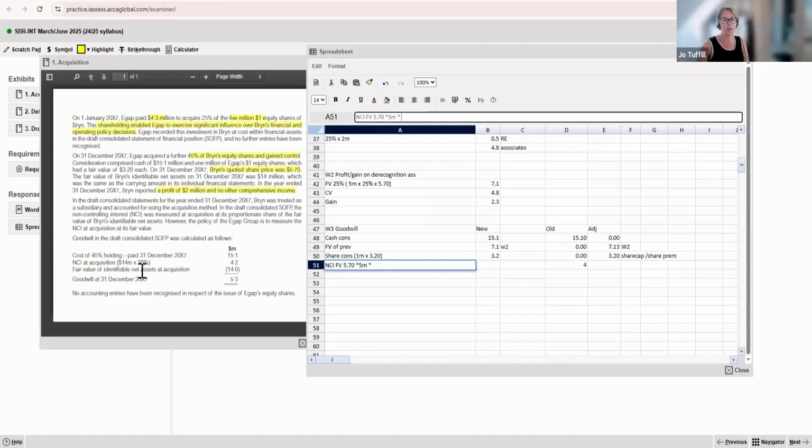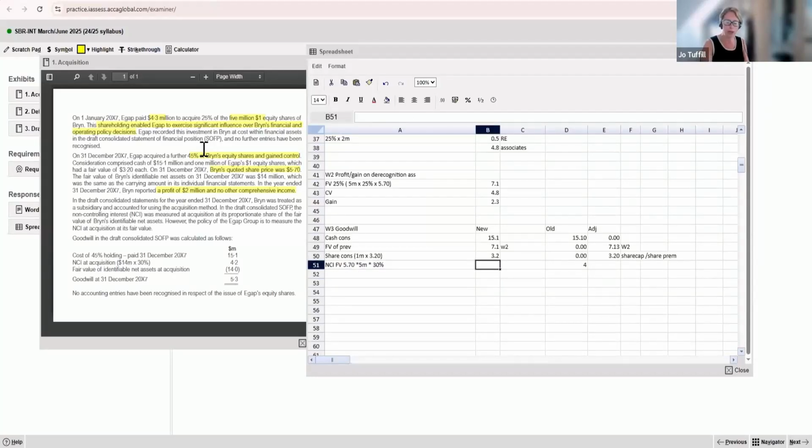And they've given you the NCI percentage there of 30%, but it's easy to work out because it's 25 plus 45, which obviously means 70. So therefore 30% is what we're going to be doing. So if we put that in, it's 5 times 5.7 times 30%. So NCI is 8.6.